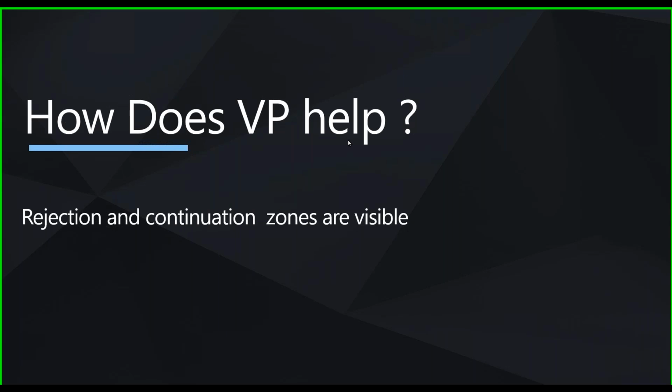Now, the way I like to understand volume profile is to understand the rejections and continuation zones in volume profile. Why do I need rejections and continuation zones for anything? Why do I need that?